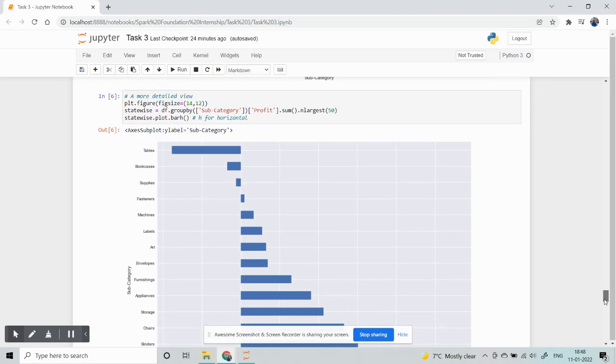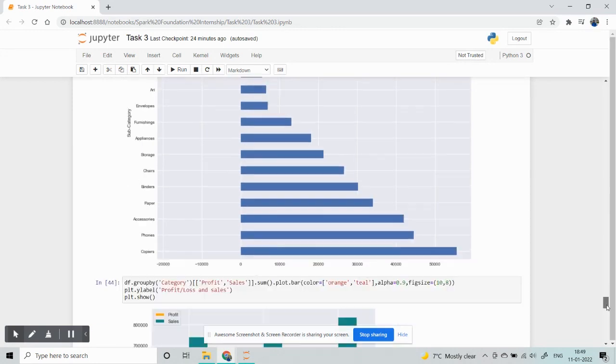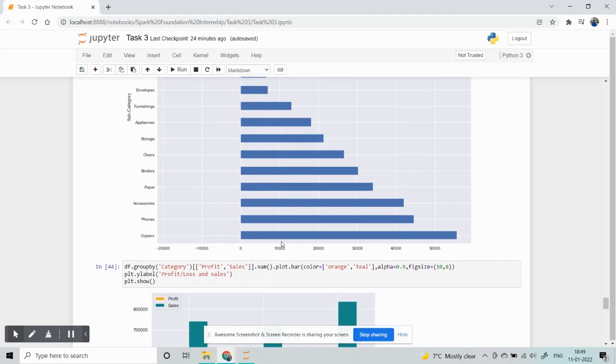Now, looking in more detail, we can see that the loss is high for tables, and for copiers, phones, and accessories, the profit is high.